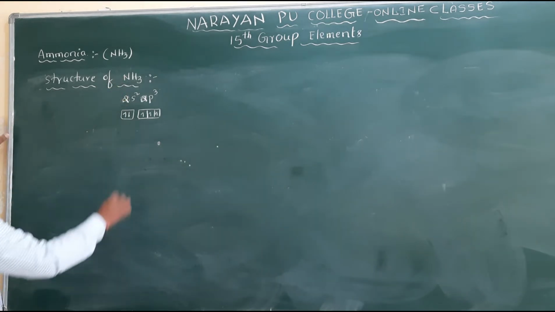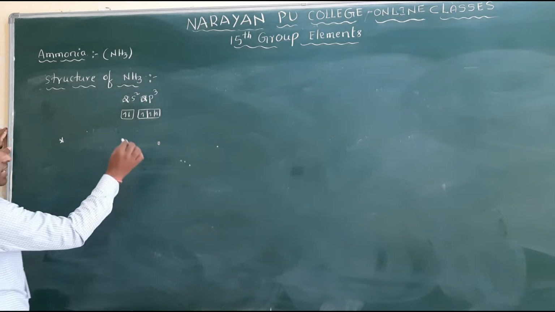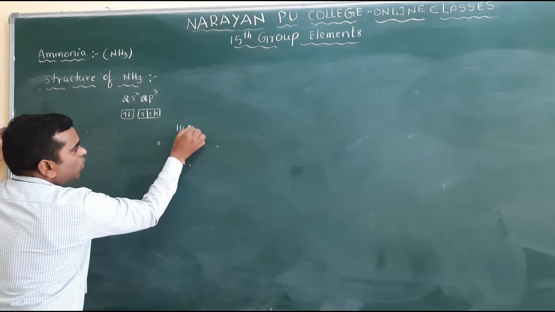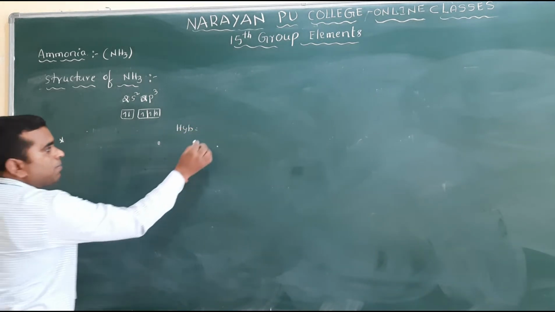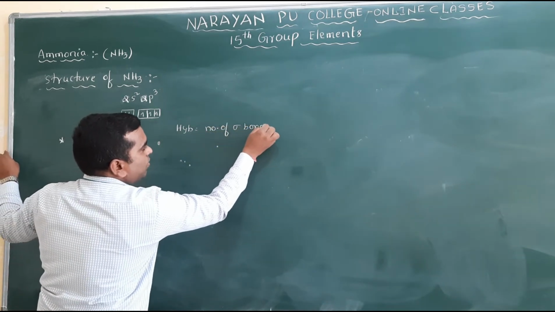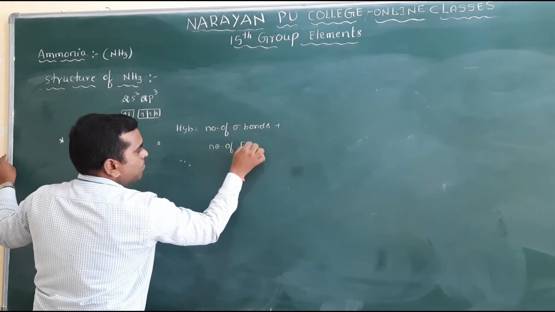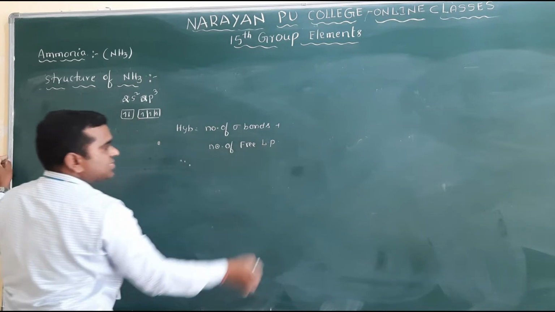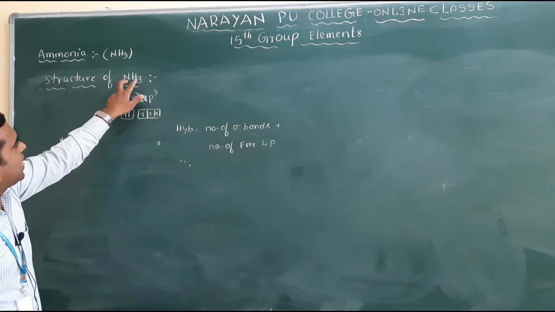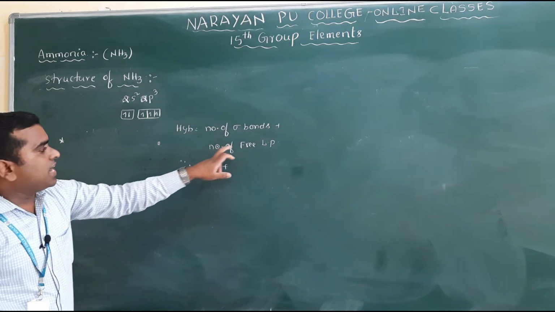So if I write the hybridization of the central atom nitrogen in NH3, how to calculate the hybridization? I already mentioned one trick to calculate it: the number of sigma bonds plus the number of free lone pairs. This is the simple trick. Nitrogen forms how many bonds here? 3 hydrogens means 3 bonds, plus the number of free lone pairs.